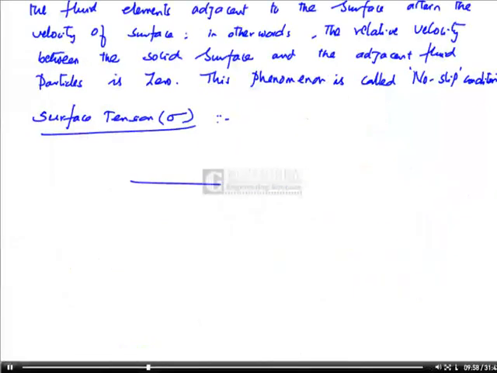I consider a liquid having contact with the air. This is a free surface of the liquid.